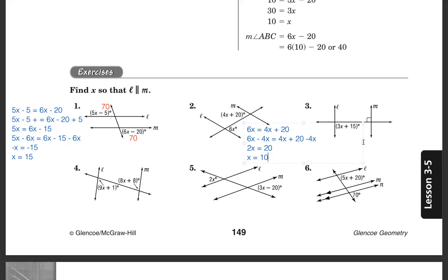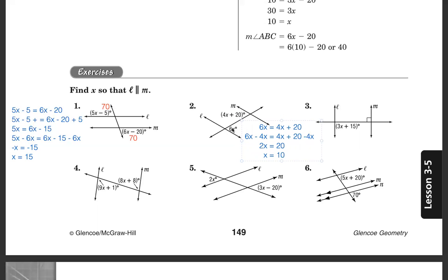So when x is equal to 10, you expect that when you replace it in those angles, 6x and 4x plus 20, they will end up equal. So it's 4 times 10, 40 plus 20, 60.